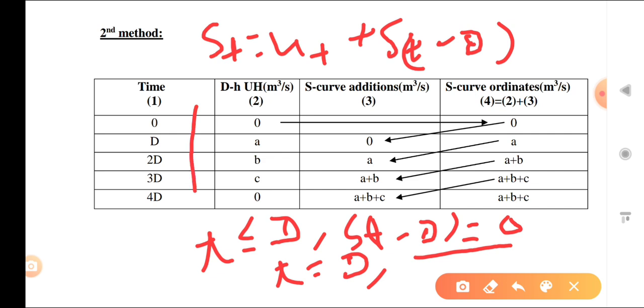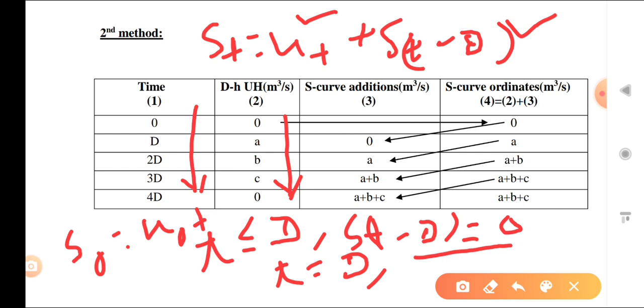So the first one, time, is given to you, then the unit hydrograph ordinate is also given to you. Now what we have to find is Ut and St minus D. Suppose we have to write the S curve, so at 0, S0 will be U0 plus St minus D. Here t is 0, and for all t less than or equal to D, St minus D is equal to 0.